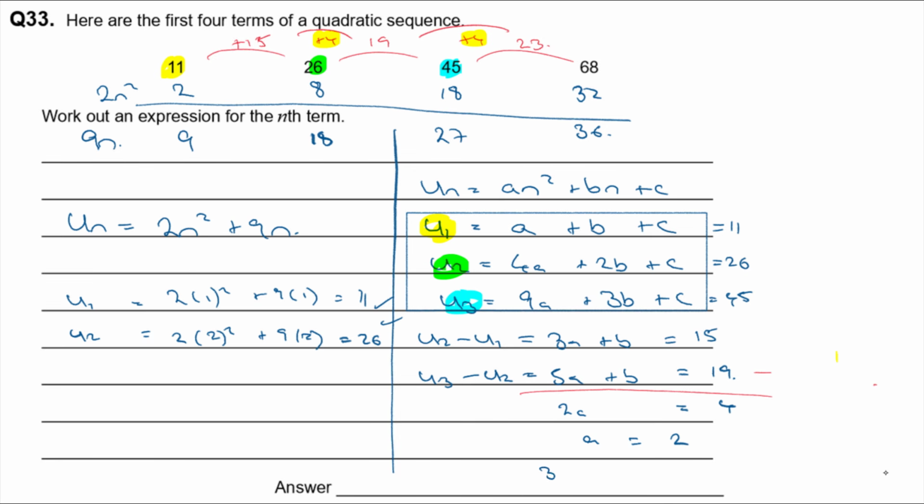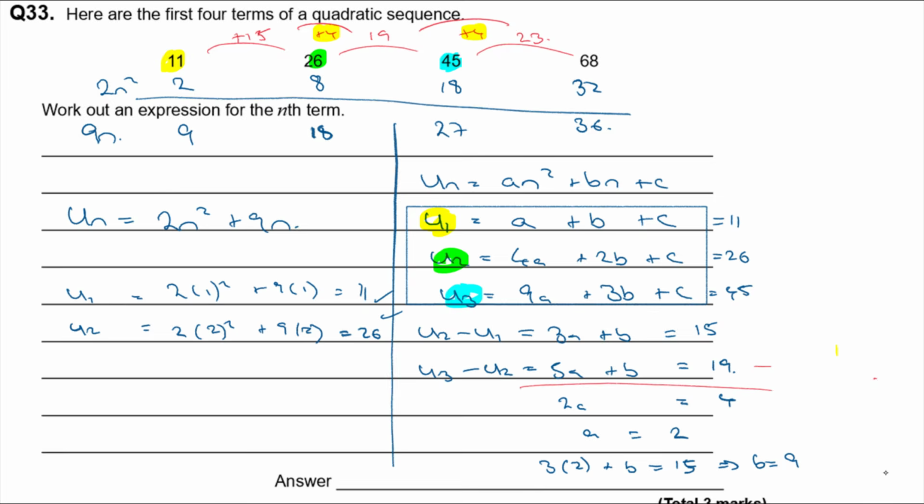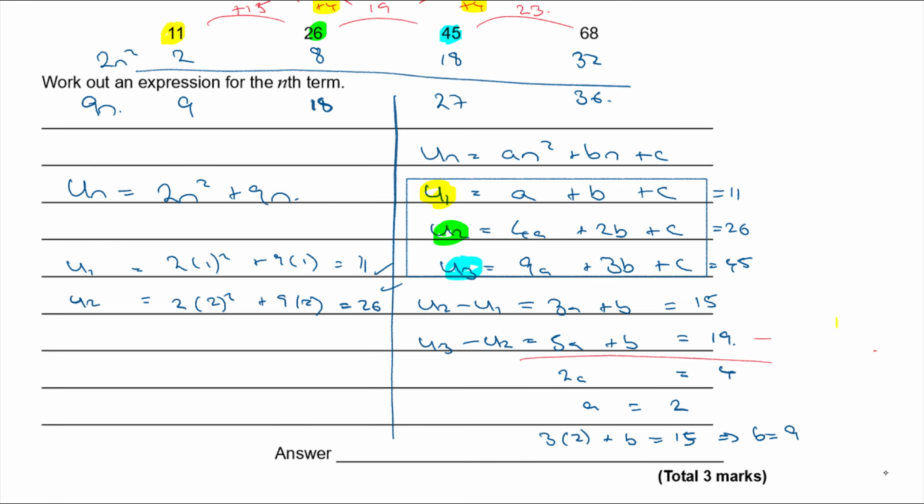That means that 3 lots of 2 plus b is 15. So that means b must be equal to 9. And then subbing 2 and 9 back into u1, I've got a plus b plus c is 11. So 2 plus 9 plus c is 11. Well, that means c is equal to 0.